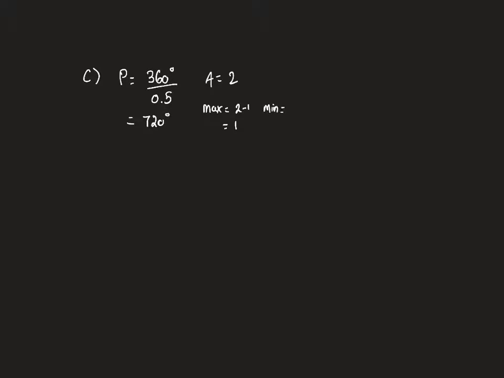And instead of having a minimum of negative 2, I should have a minimum of negative 3. Because remember, we're shifting everything down by 1. So let's draw this. So, you know, the biggest it should be is 720.